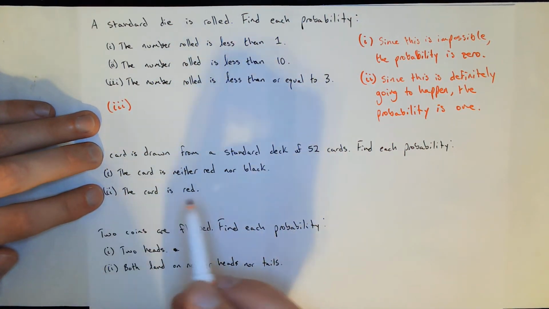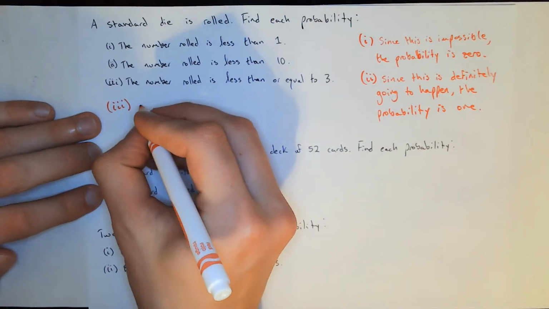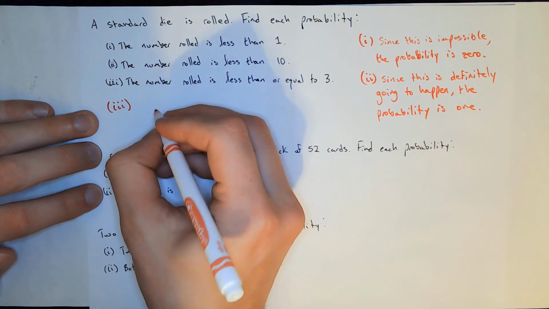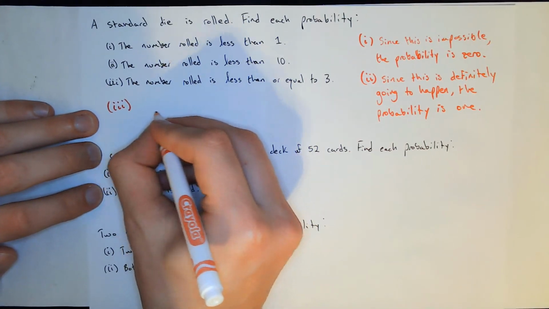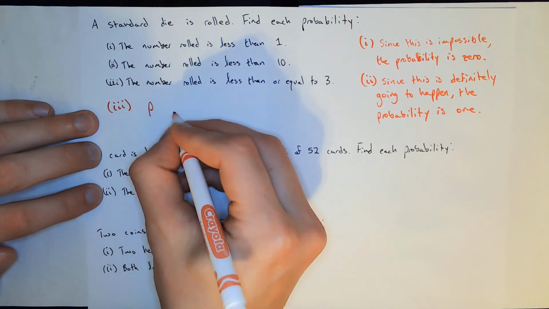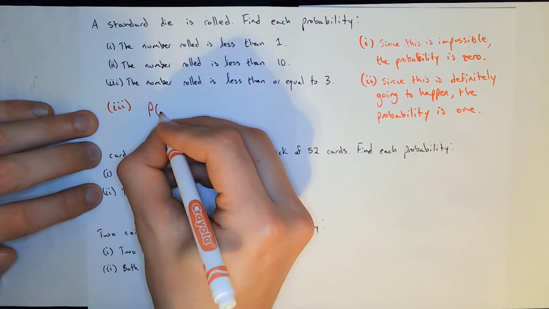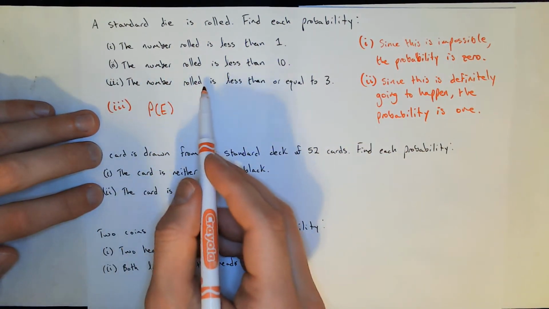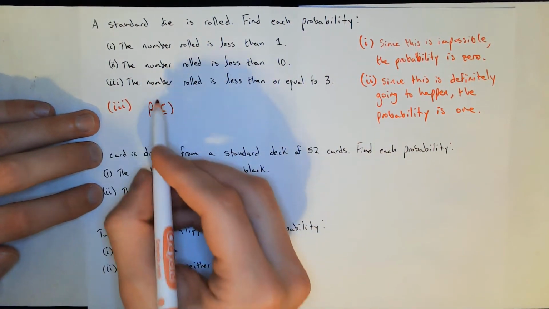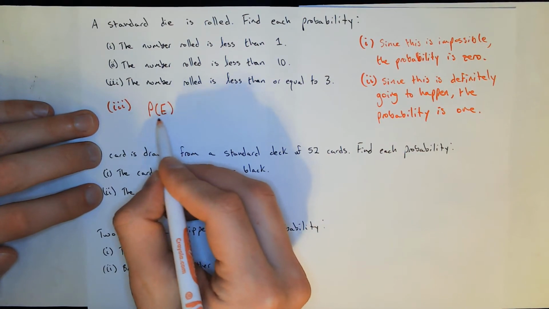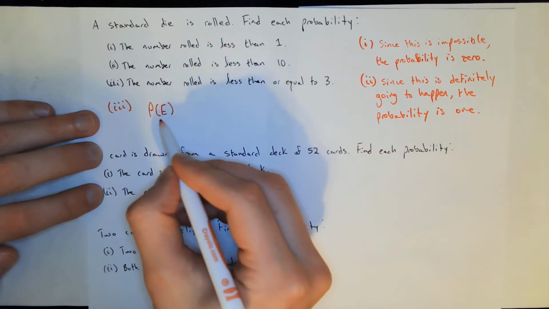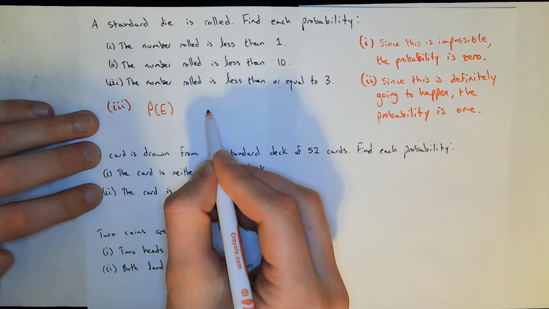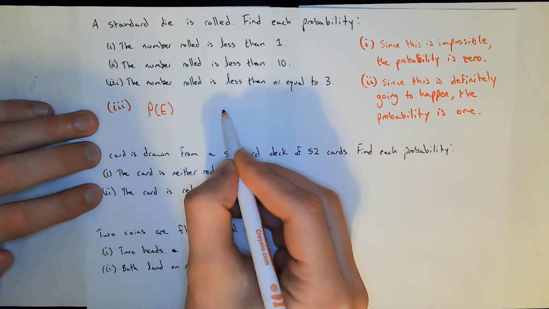Okay. So how do we say that? Well, my probability fraction, the probability of this event, E, which is rolling a number less than or equal to 3. Remember that I'm using the capital letter E to represent that, but you could literally write that sentence in the parentheses, rolling a number less than or equal to 3.